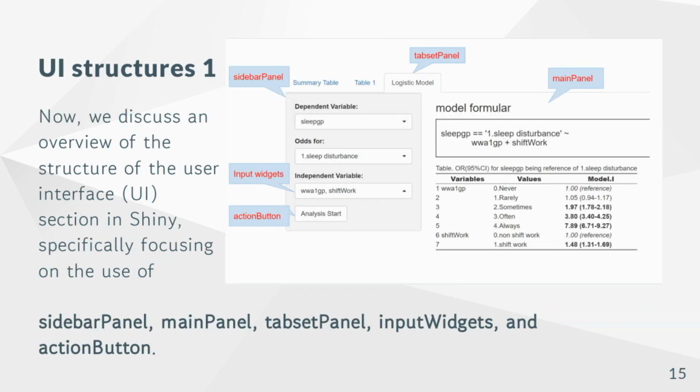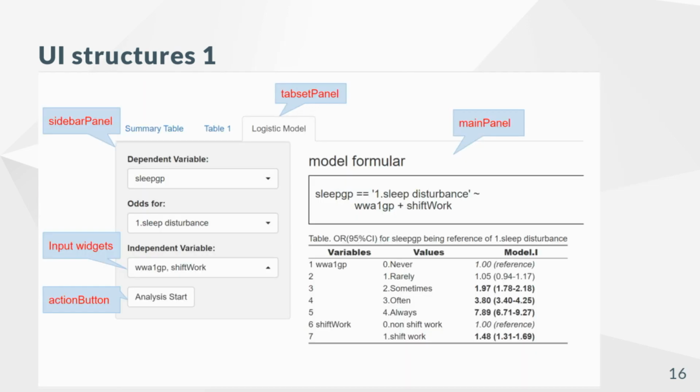Now, we discuss an overview of the structure of the user interface (UI) section in Shiny, specifically focusing on the use of sidebar panel, main panel, tabset panel, input widgets, and action button. Sidebar layout creates a two-panel layout with a sidebar on the left and a main panel on the right. Sidebar panel defines the content for the sidebar panel, which typically contains input widgets such as sliders, drop-down menus, or text input boxes.